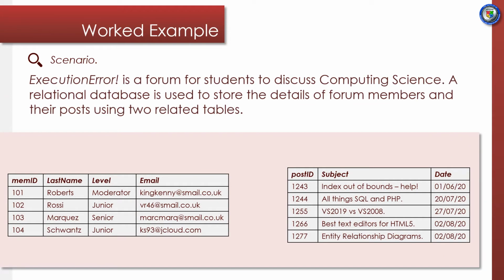Let's work our way through an example. Execution Error is a forum for students to discuss computing science. A relational database is used to store the details of forum members and their posts using two related tables.